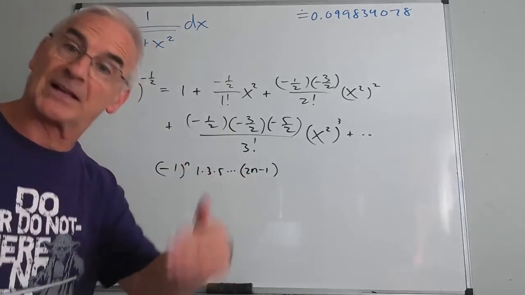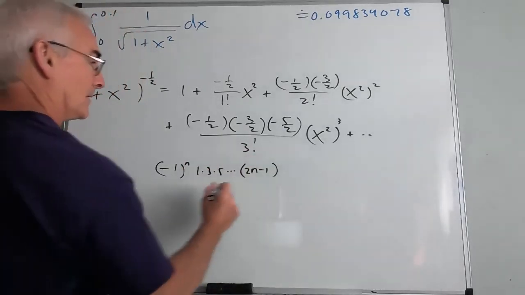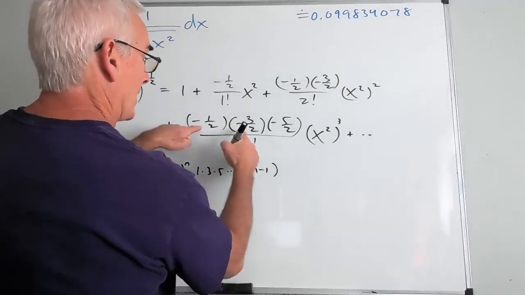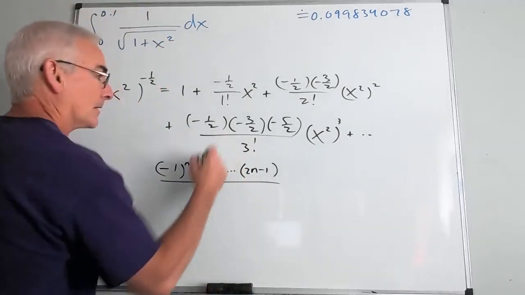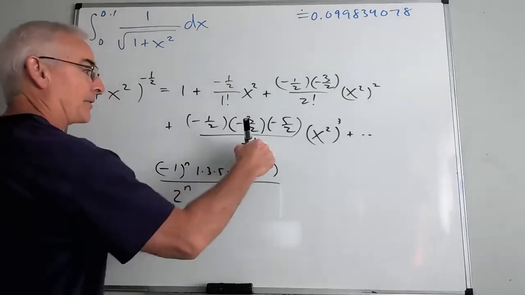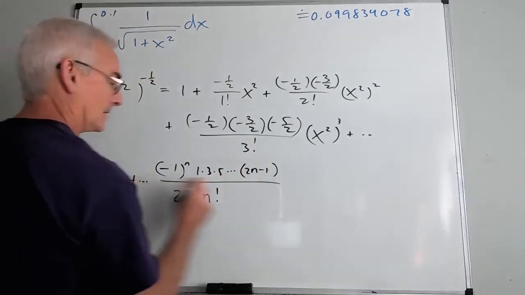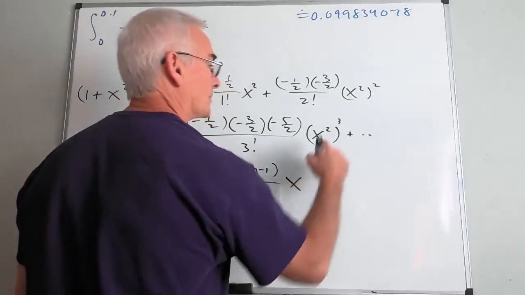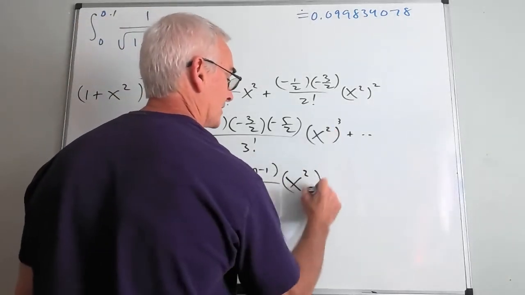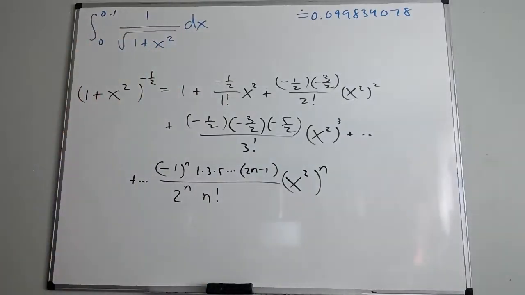Remember, when it was even, the last one would be 2n. What about the 2's? I'd have a 2 to the nth, and I also have the n factorial. And then I'd have times x squared to the n. And we'll replace that in a moment.